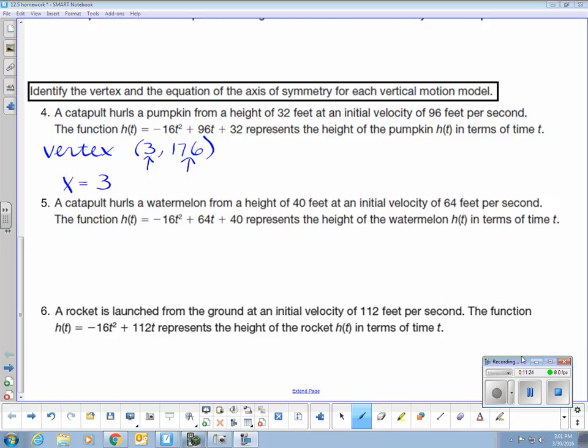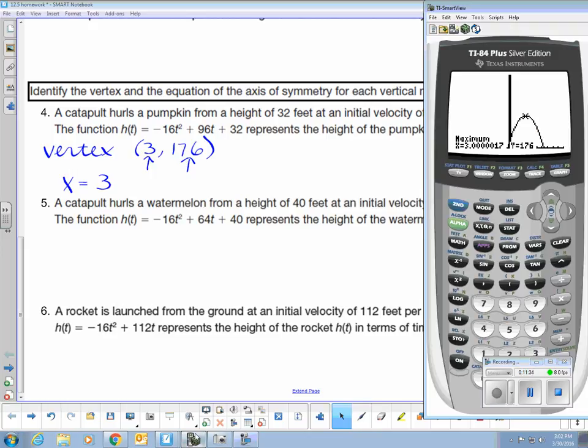Number 6 is asking for the same two key characteristics, the vertex and the axis of symmetry. So let's go back and change our function.